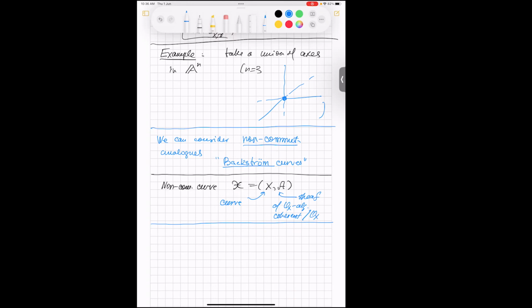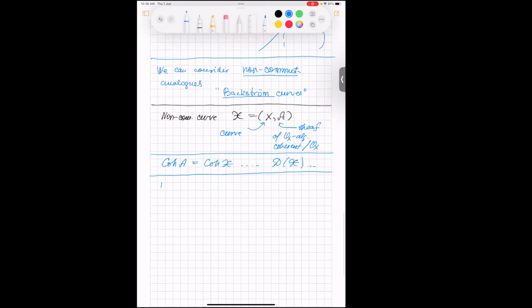Then we can consider, as usual, coherent sheaves over this curve, which is just coherent sheaves over A, and the derived category of X, and so on. We can consider the usual constructions. When is it Backström?